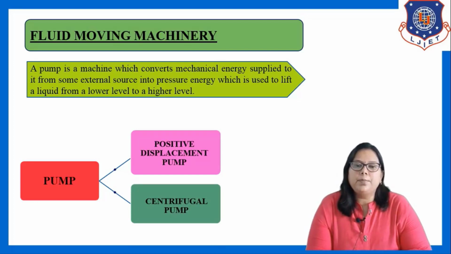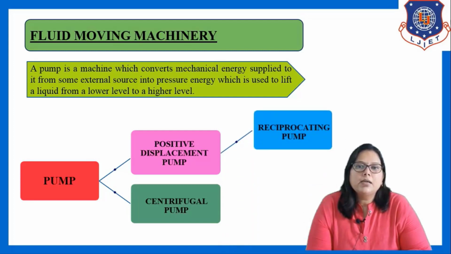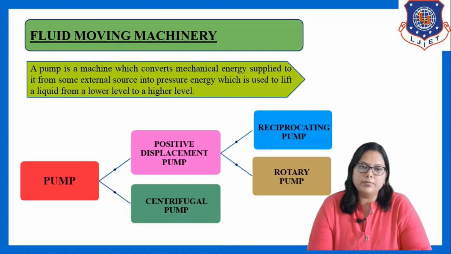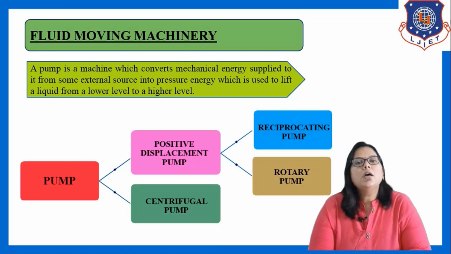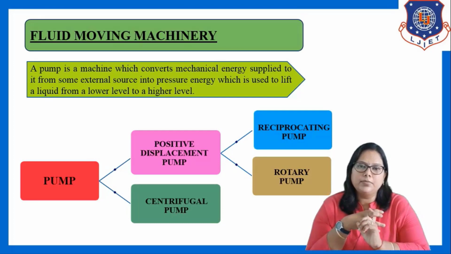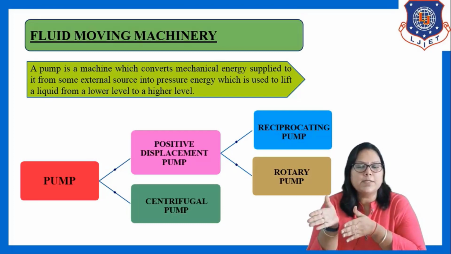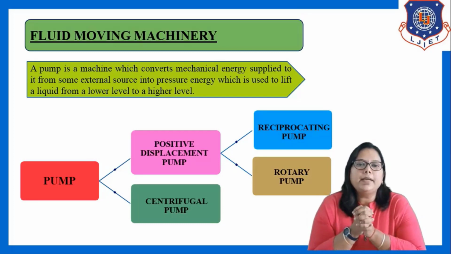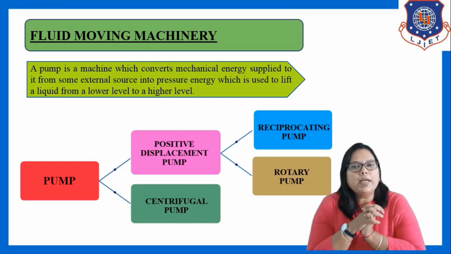Positive displacement pump can be subcategorized as reciprocating pump and rotary pump. So the two main categories of pump are positive displacement pump and centrifugal pump, and the positive displacement pump can be subcategorized as reciprocating pump and rotary pump.